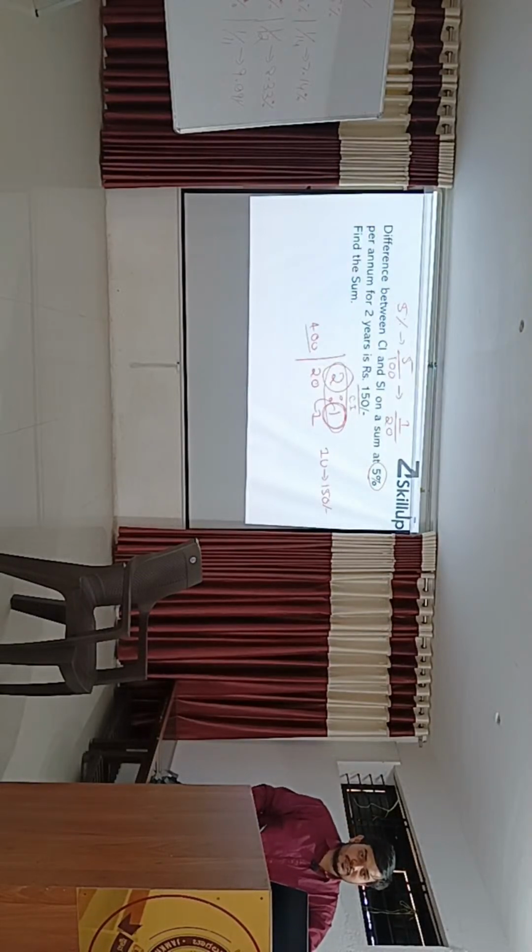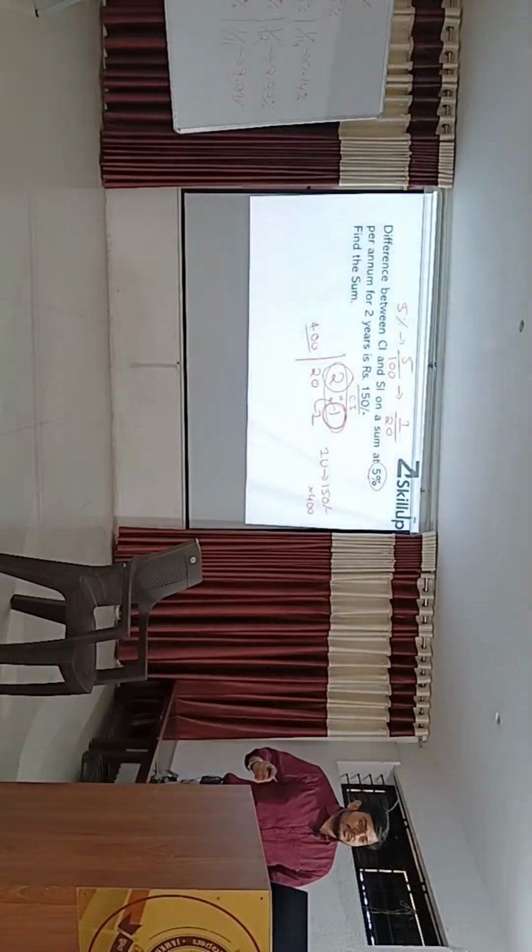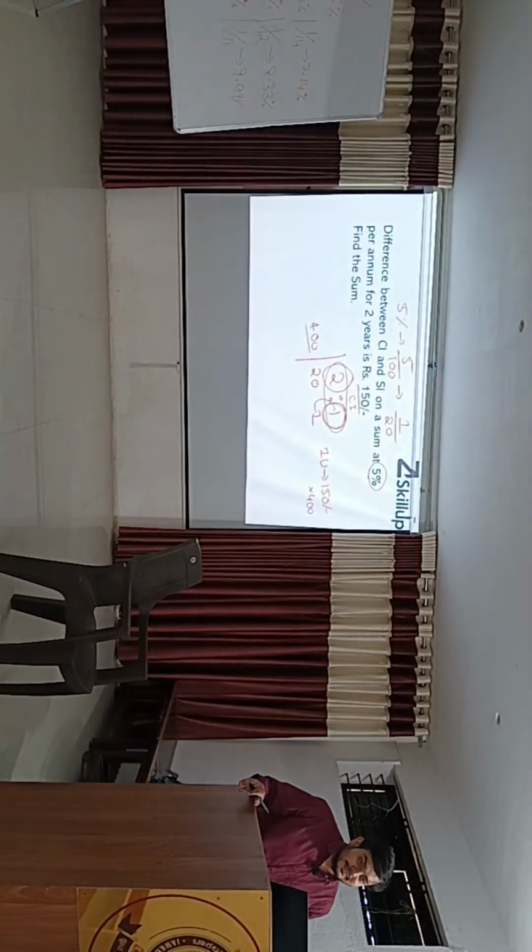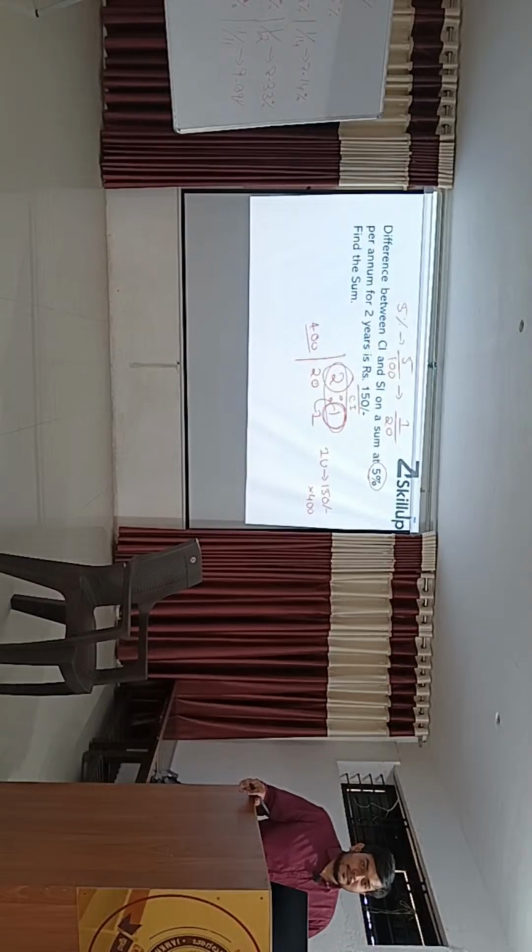400 units value is 400 into 150. 60,000. 3 zeros are removed.